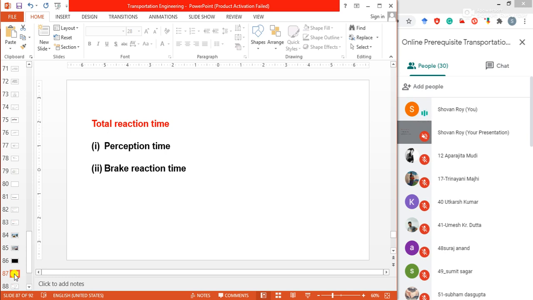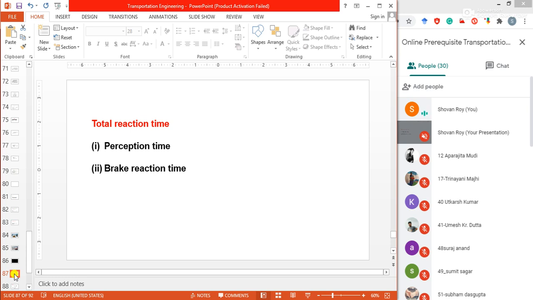This is called the reaction time. The amount of time gap depends on several factors. This time gap, between the instant of seeing the object and applying the brake, includes several factors.